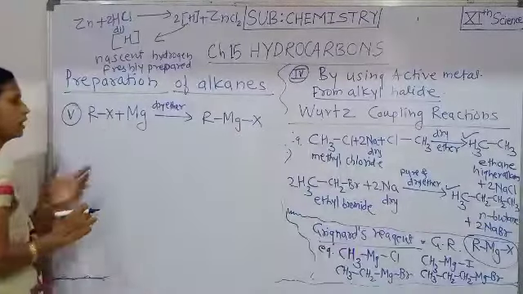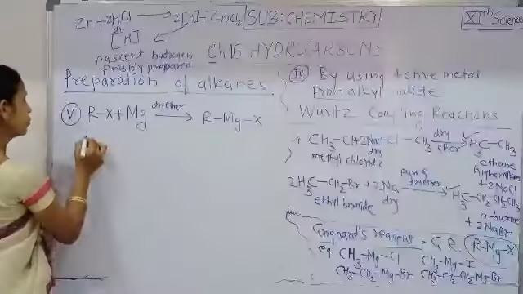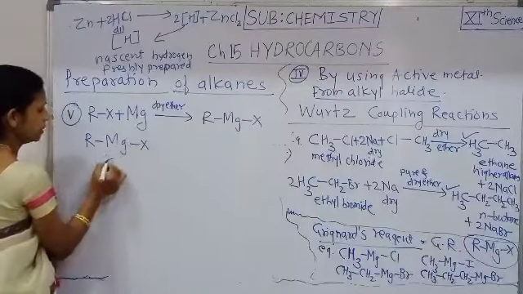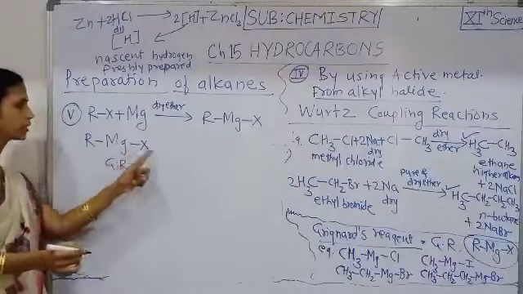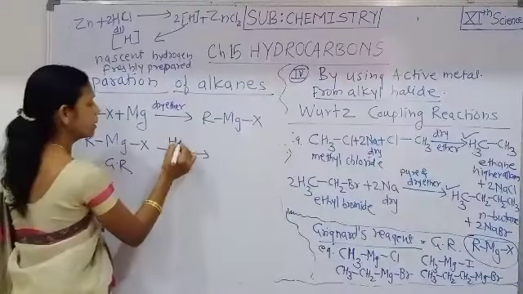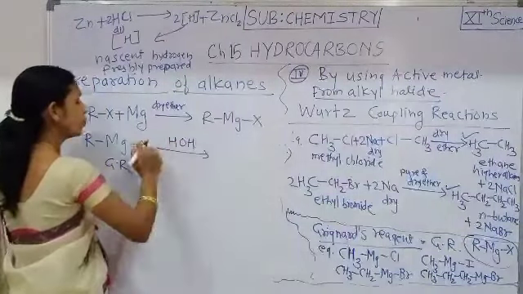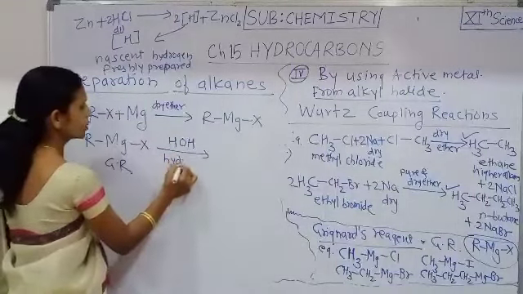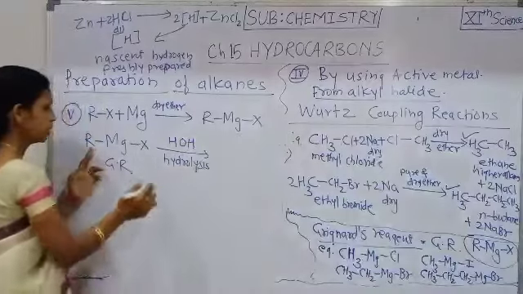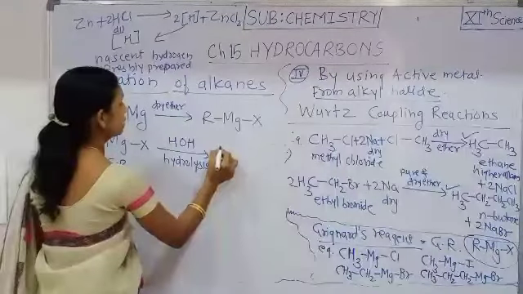RMgX. Then that Grignard's reagent undergoes hydrolysis. Here, RMgX is a Grignard's reagent which undergoes hydrolysis. Hydrolysis means addition of water. That process gives alkanes.